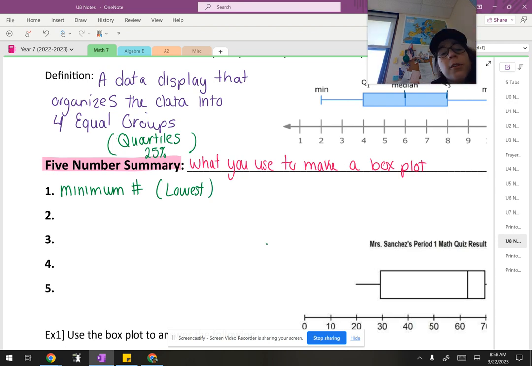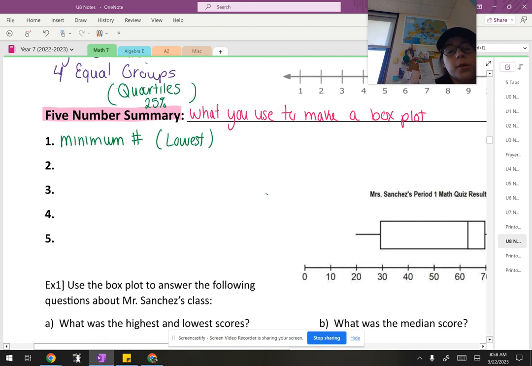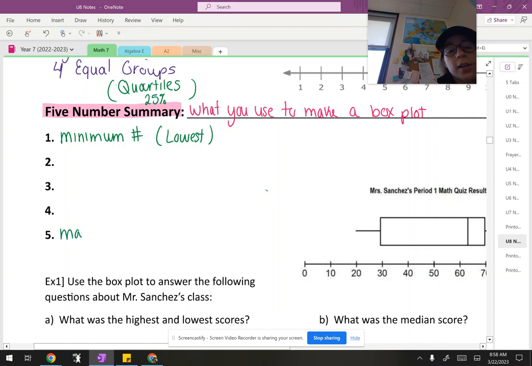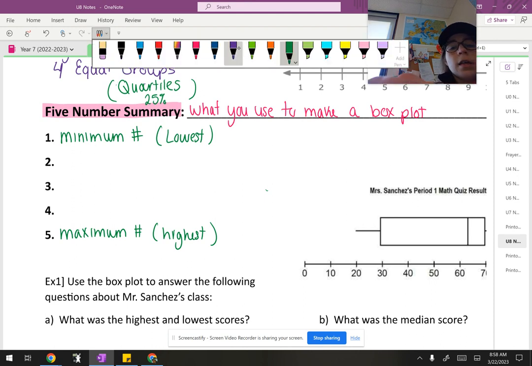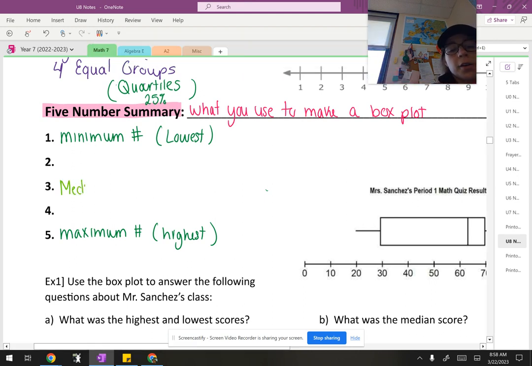Going right along with that, if number 1 is your minimum number, you can assume that number 5 is your maximum number or your highest number. Makes the most sense that in the middle we have our median, which is also known as quartile number 2.